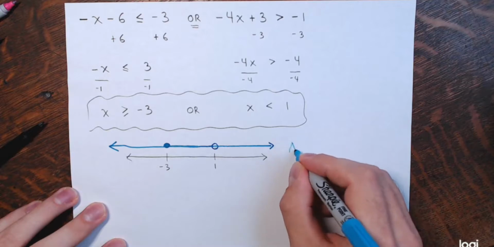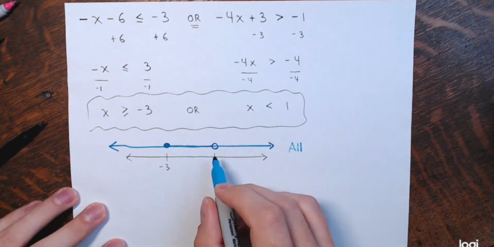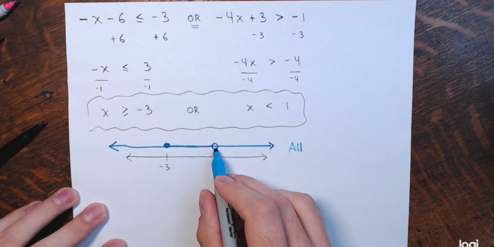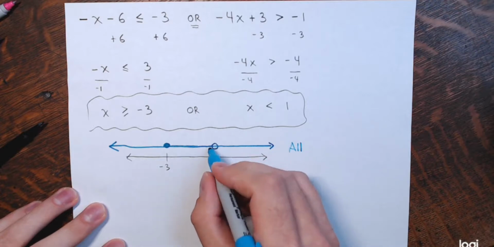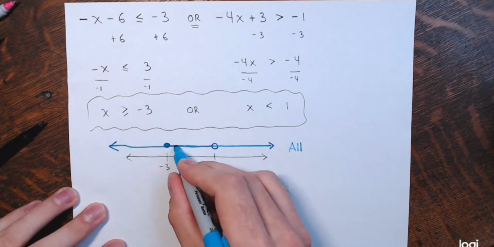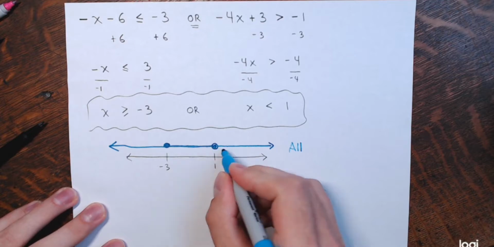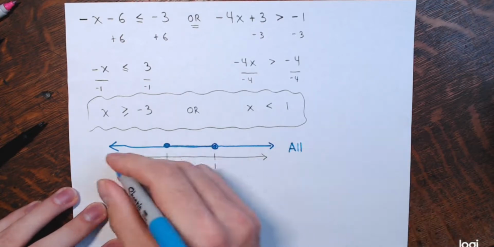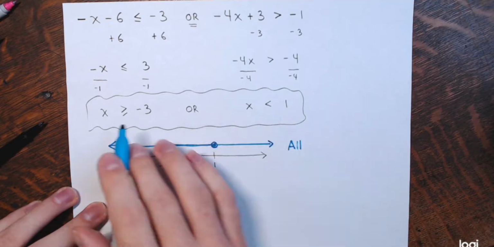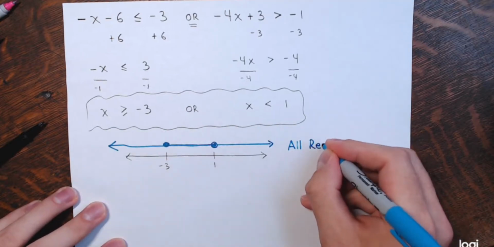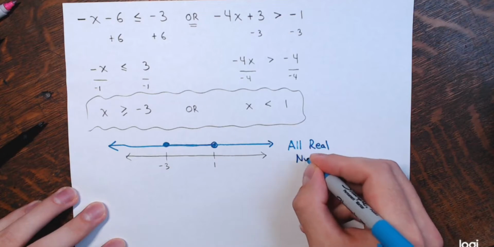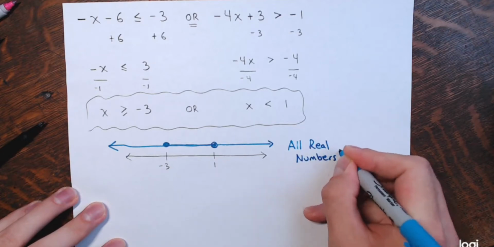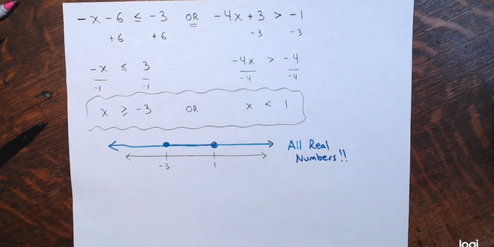All real numbers are solutions. 1 is a solution, even though I put a hole there, because it satisfies the first one. 1 belonged to the first picture, so technically that's filled in by the first picture. So every number you can think of satisfies at least one of these. All real numbers are solutions.